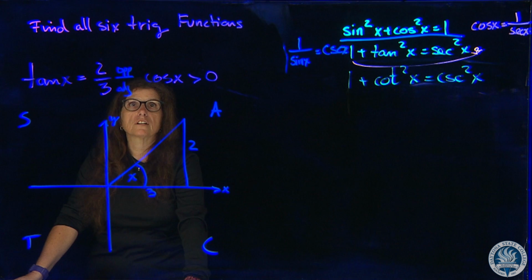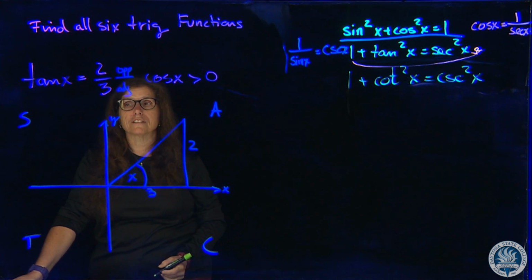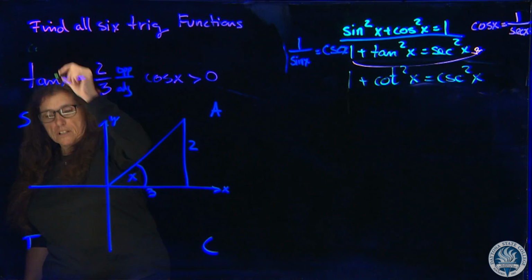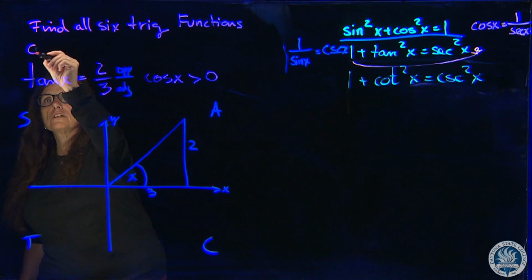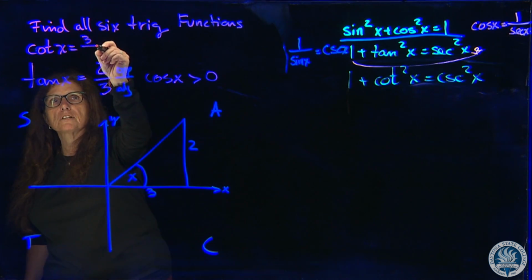Now we need to find all 6 trigonometric functions. We already have one, that's the tangent. Now based on the tangent, we can find the cotangent without any problem because the cotangent is the reciprocal, and in this case that would be 3/2.